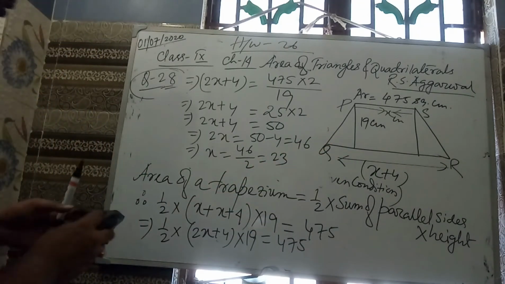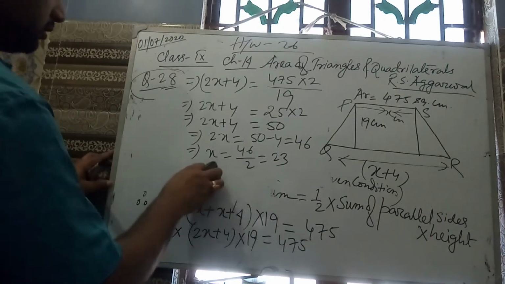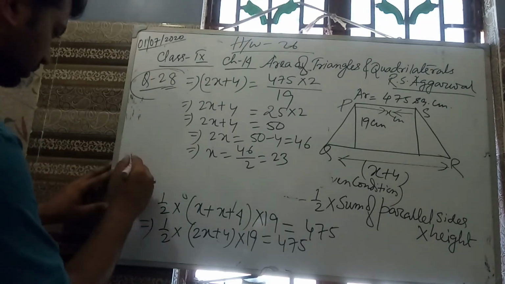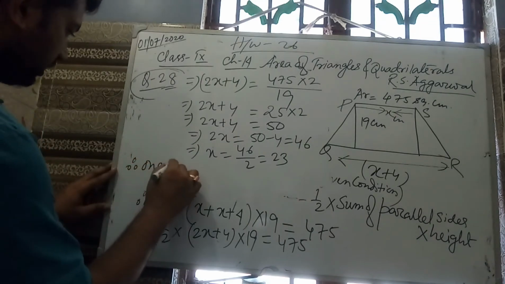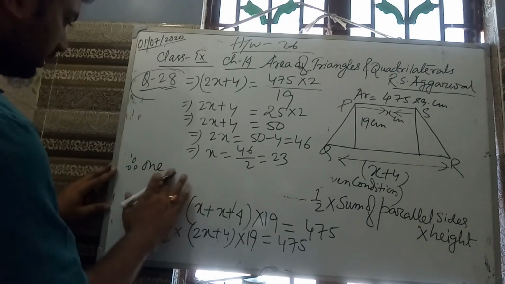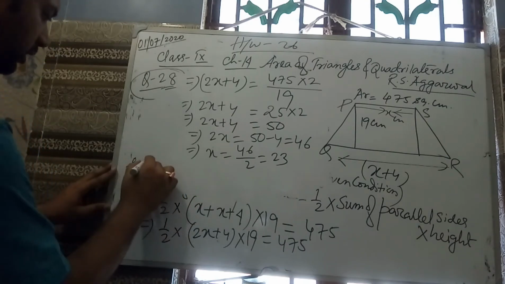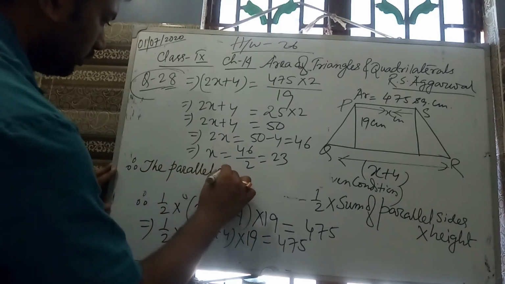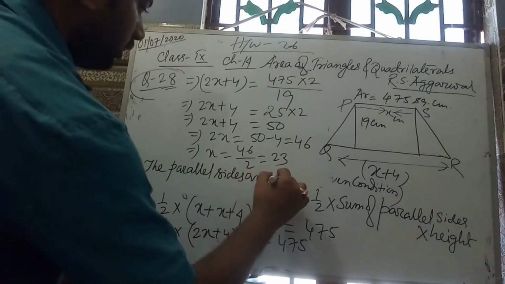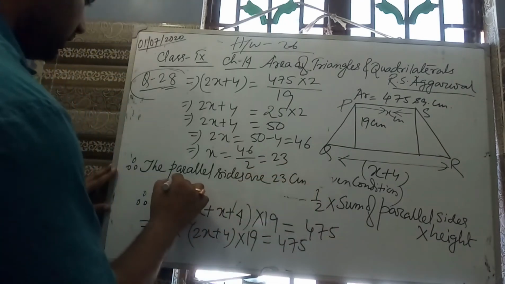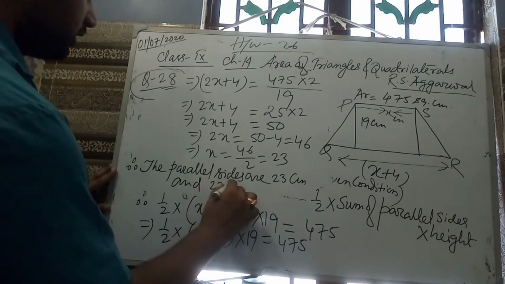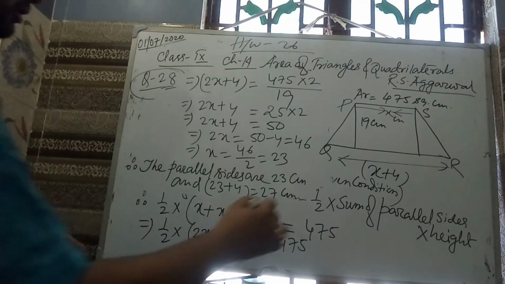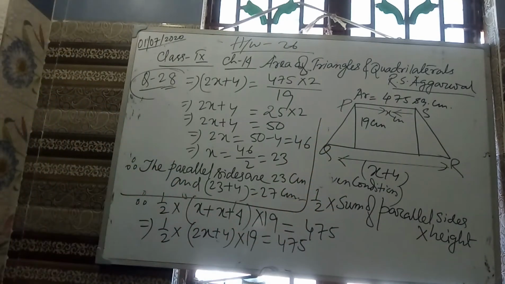Write down, therefore the parallel sides are 23 centimeter and 23 plus 4, 27 centimeter.